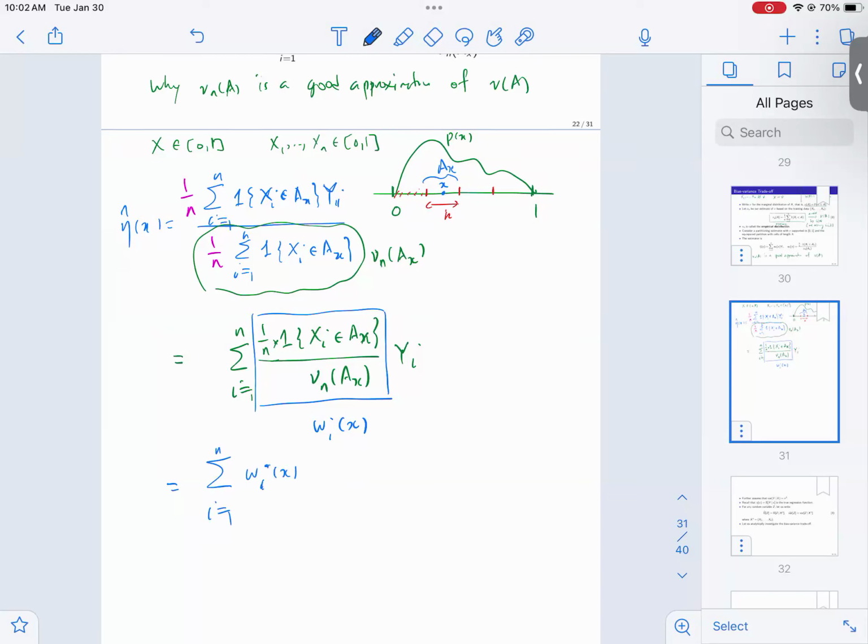We have seen that all of these can be written like that, in a data-dependent way. The weight tells me how much the i-th sample has to count for this particular x when I'm averaging my yi's. And this particular weight is 1 over n times the indicator that xi is in A of x.